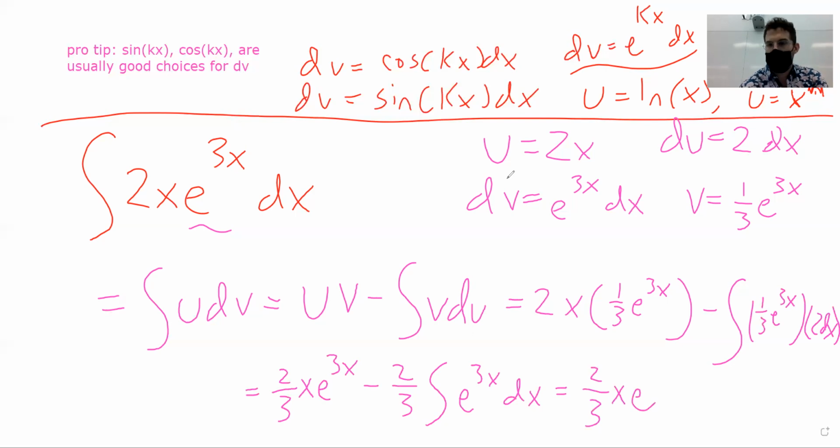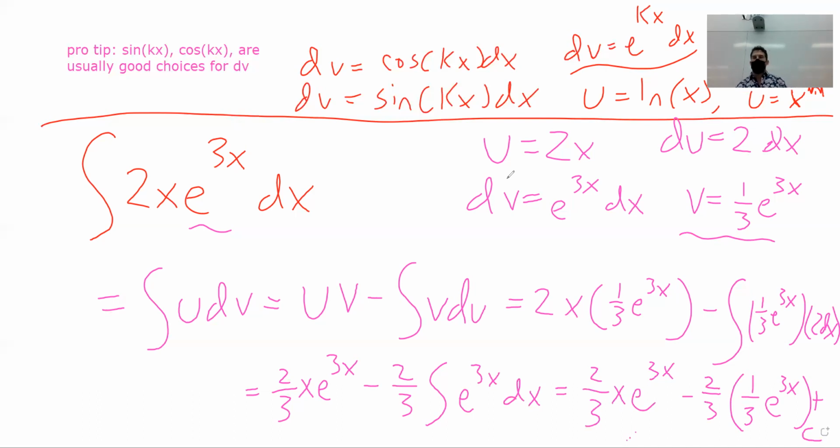Perfect. Exactly what we did earlier up here. We just get a factor of 1/3 when we take this integral. So 2/3 x e to the 3x minus 2/3 times 1/3 e to the 3x, and then plus C.